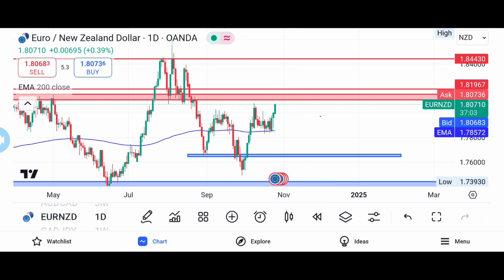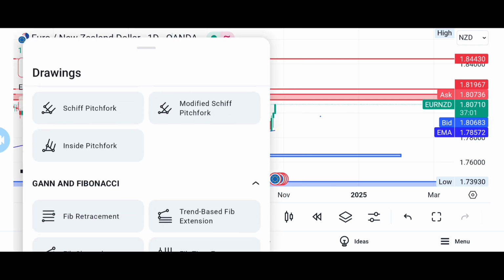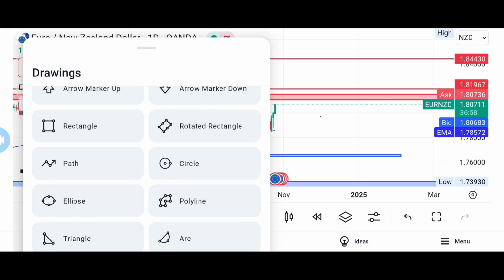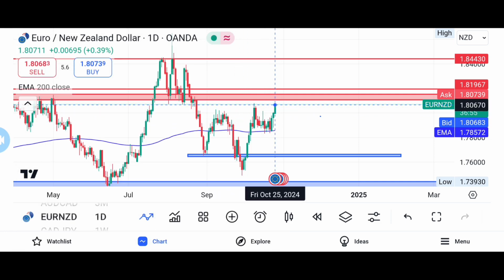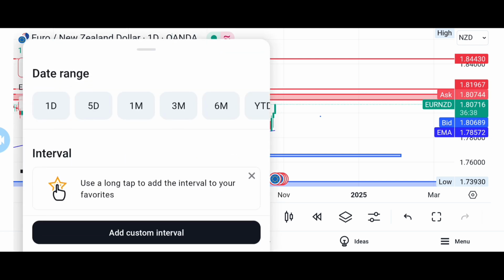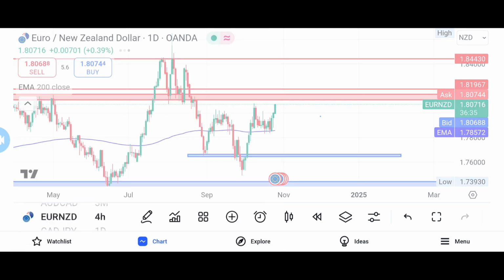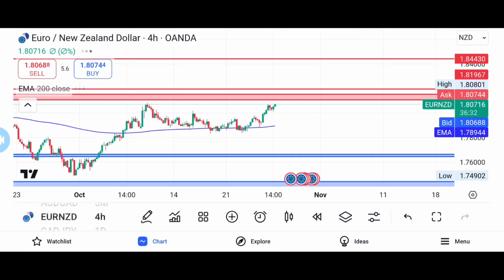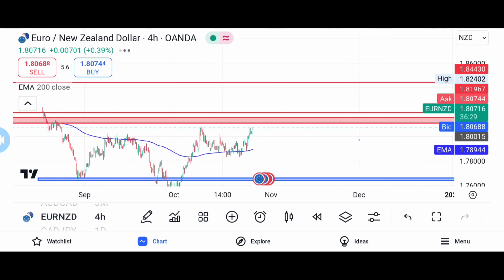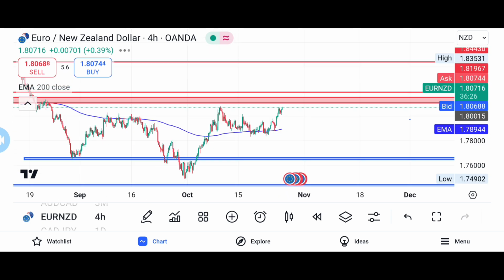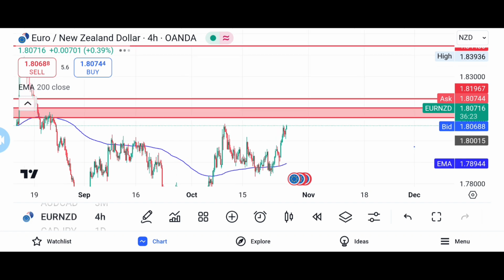Scenario number two, we need to see a head and shoulder. You all know that a head and shoulder in the resistance zone indicates a reversal. This is a resistance zone. So if you see a head and shoulder in the lower time frame, from the 4 hour time frame or the 1 hour time frame, guys, be sure we are going down.